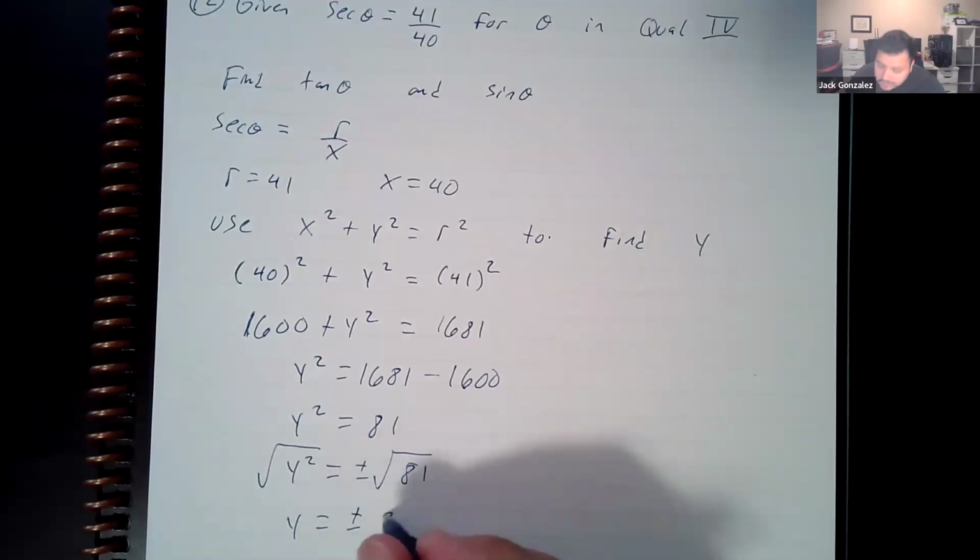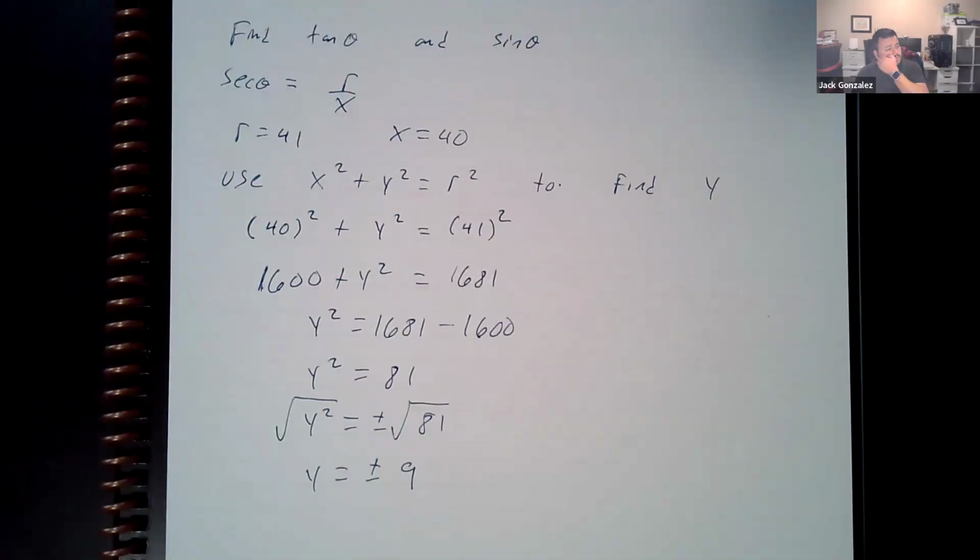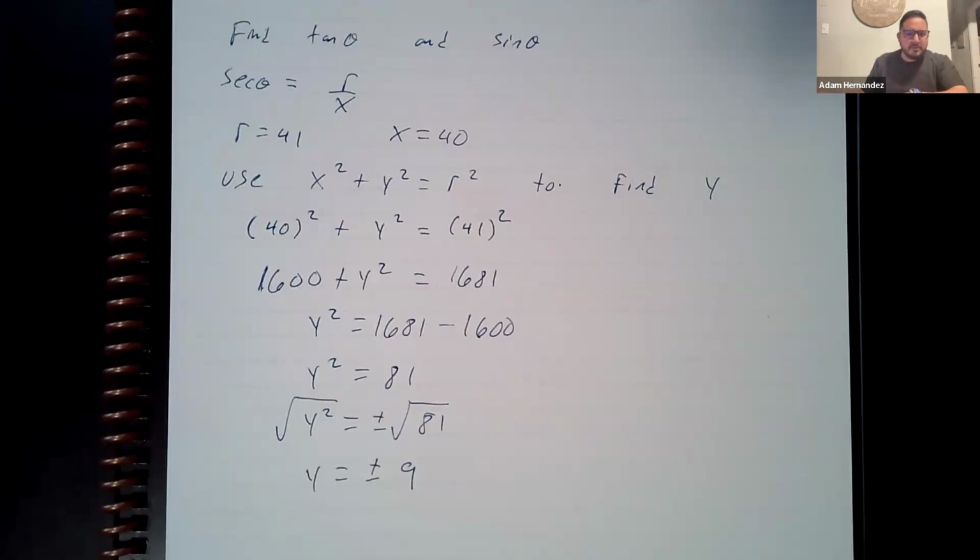That's from -9 though. Which quadrant are we in? We're in quadrant 4, so would it be plus or minus?